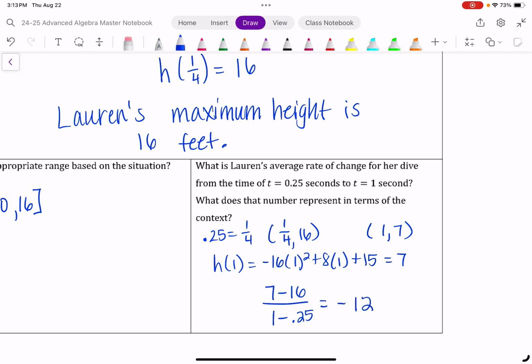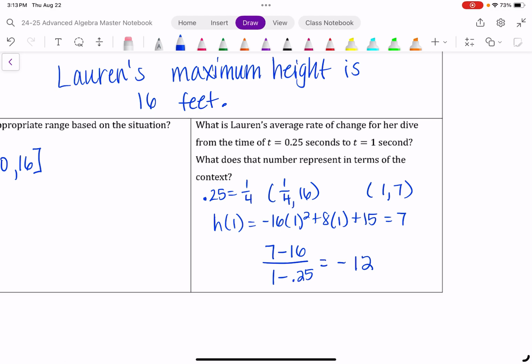And that gives us negative 12. Now, what does that represent in terms of this context? Lauren's rate of diving is negative 12 feet per second.